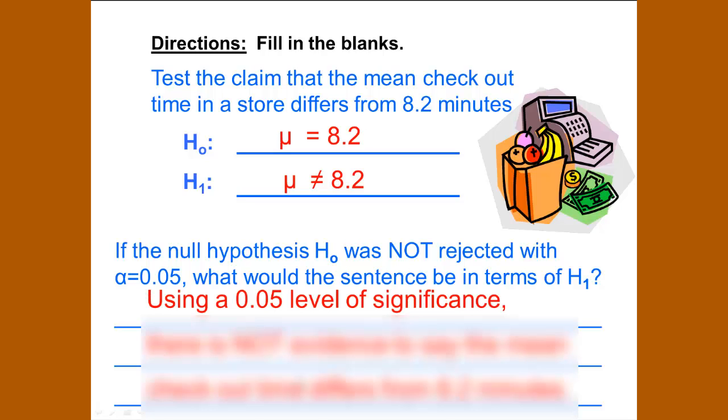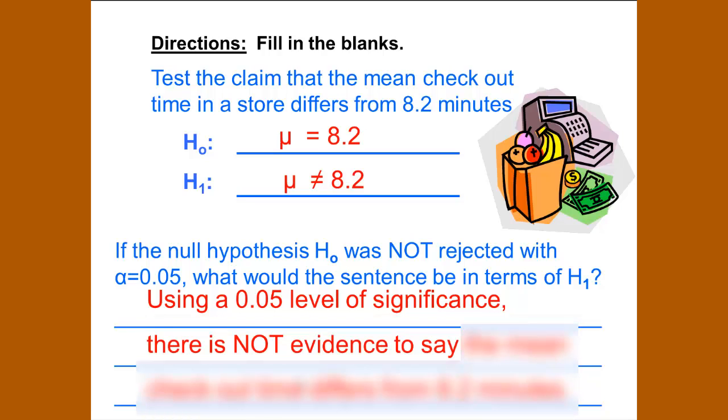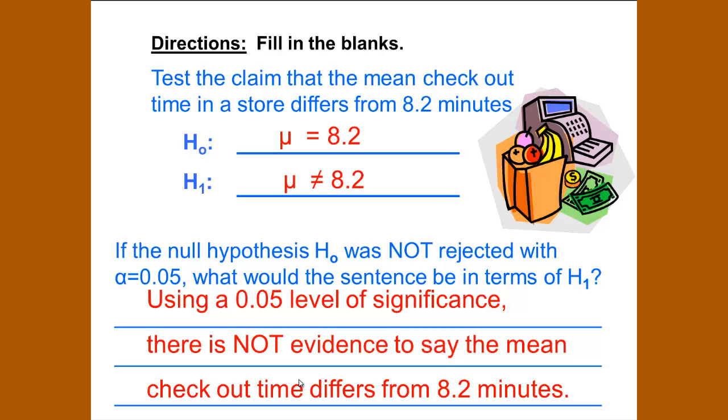The first part, using a 0.05 level of significance, there is not evidence to say. The "not" is here because we did not reject the null hypothesis. And we want to say what? That the mean checkout time differs from 8.2 minutes. And the last part always repeats the claim.